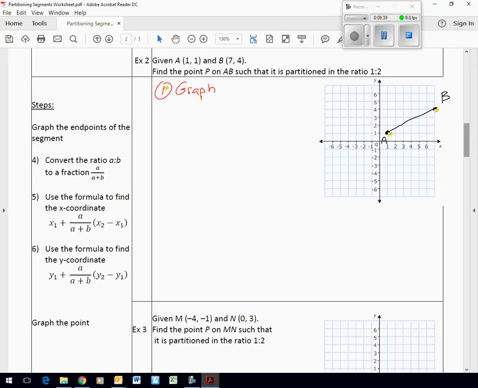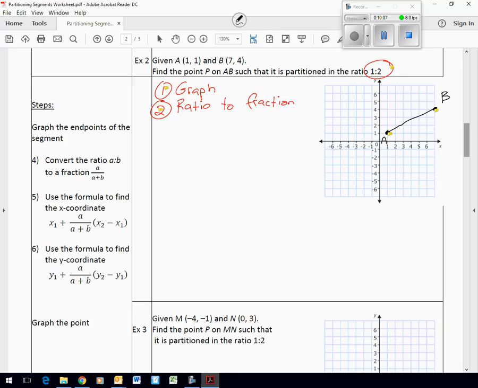All right. I've graphed my points. Now I want to convert from a ratio to a fraction. So we're going to go ratio to fraction. It tells me my ratio. It says the ratio is 1 to 2. What is A here? 1. What is B?